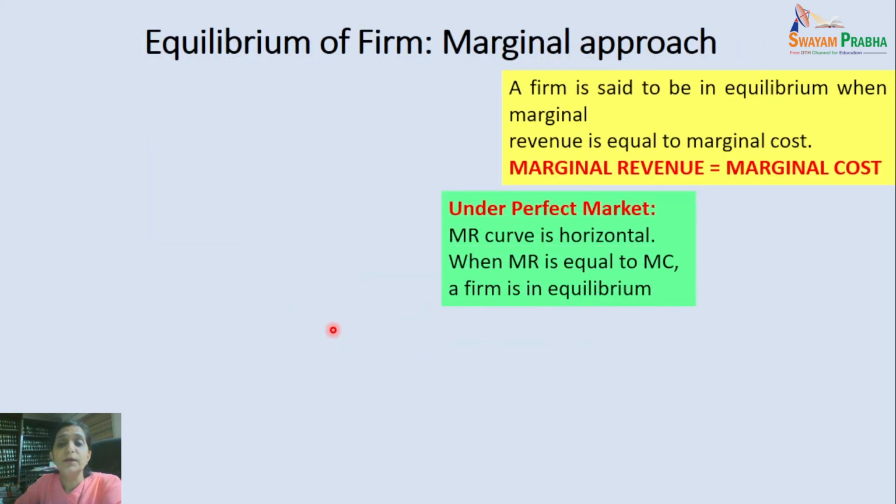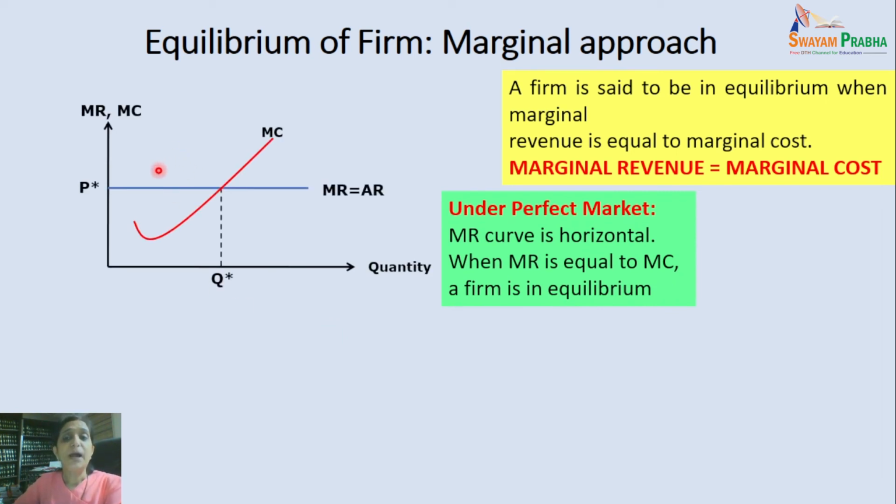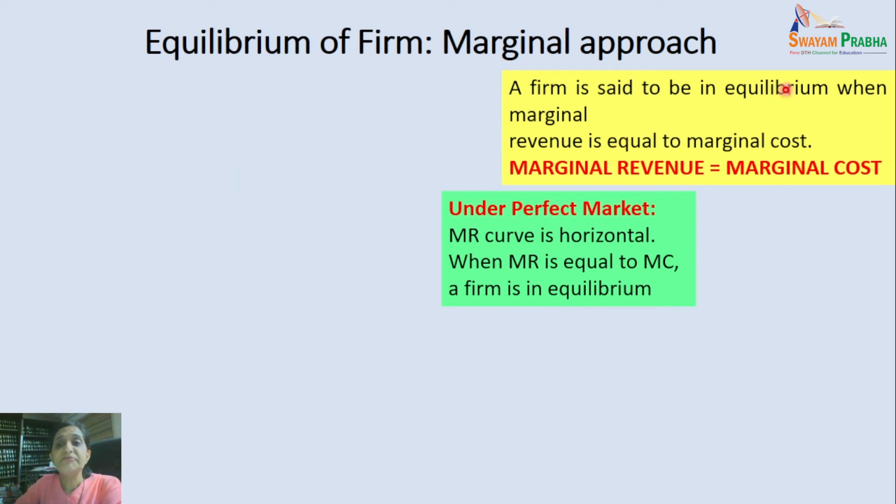Okay, so let us see this figure to understand. We have just said that a firm is said to be in equilibrium when the marginal revenue is equal to the marginal cost. We will be taking two situations. One is a perfect market, the other is an imperfect market. Perfect market, for now you just understand, we will of course be doing it in detail in the subsequent unit. A perfect market is a market where there are a large number of sellers selling identical products.